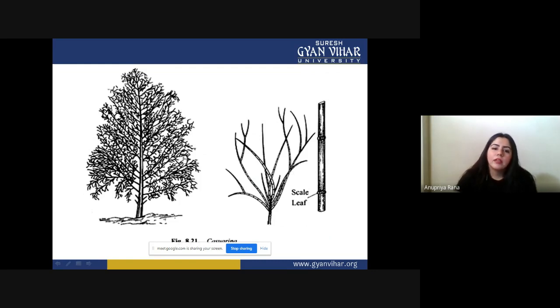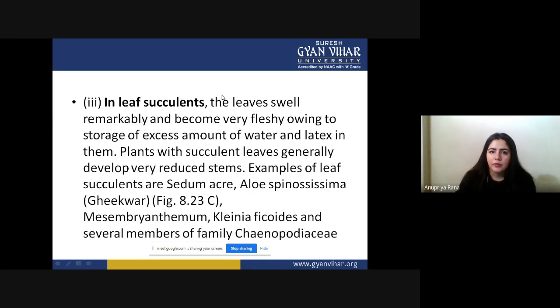Here you can see these are all leaves, but they do not look like normal leaves. Most xerophytic plants have this kind of leaf formation. This kind of leaf basically reduces the transpiration rate.